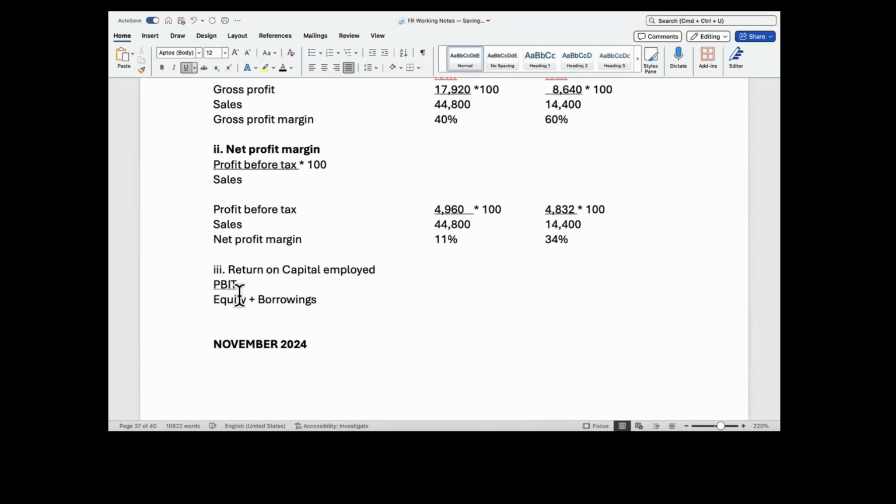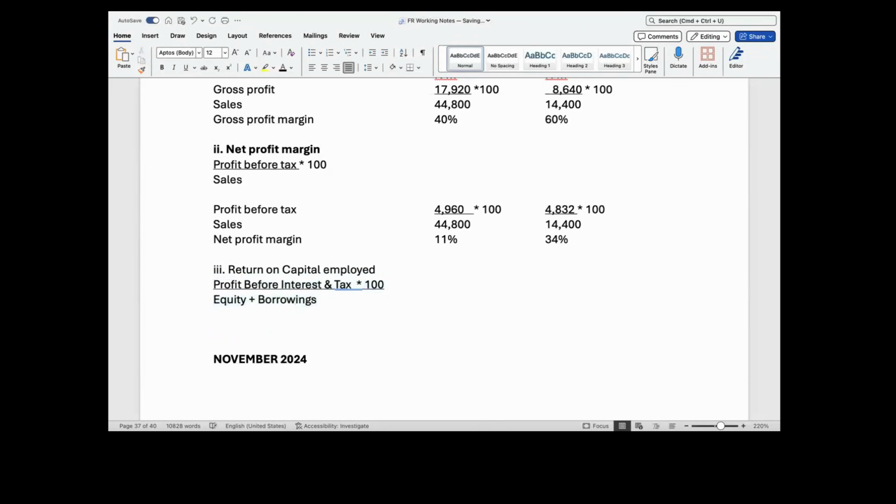Profit before interest and tax. If you go and use any other profits, then you will not be matching with this.